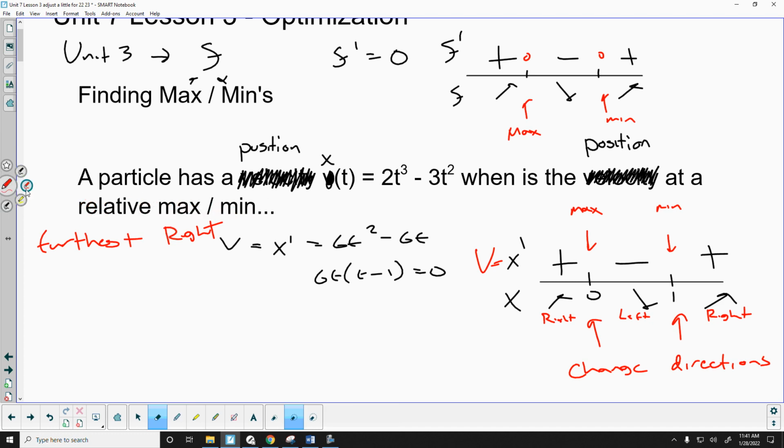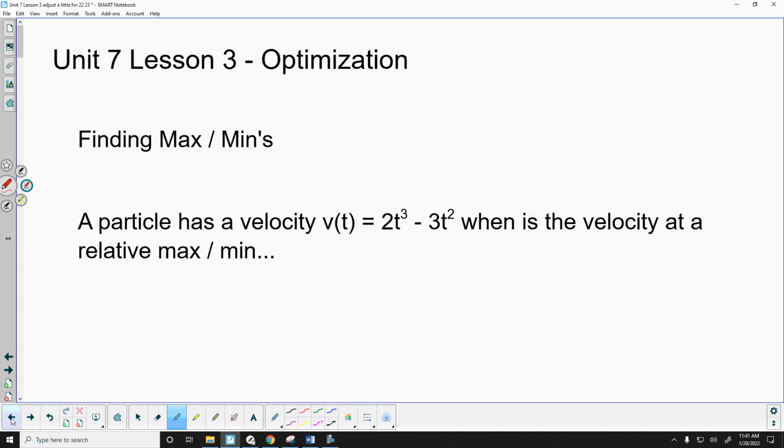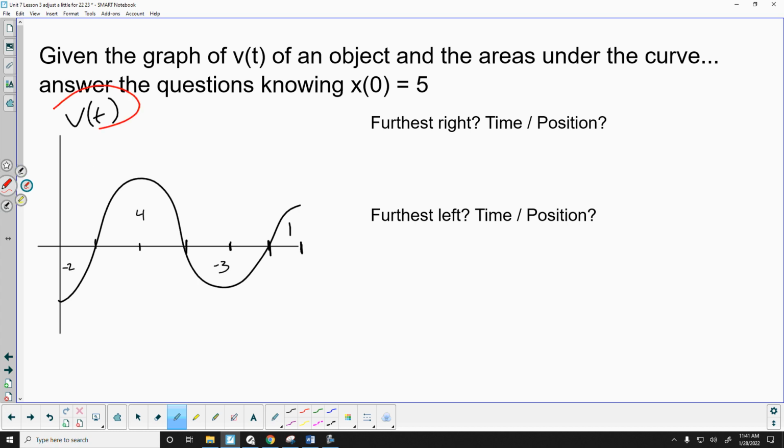And if I asked you, like, when am I furthest right, and I gave you the velocity, and I gave you the areas, you'd be able to figure that out. You'd be like, oh, well, I can find my position here, I can find my position here, I can find my position here. What are those? When my velocities are 0. What are those? When we change directions. And you'd be able to figure out when I'm furthest right just by comparing the position.